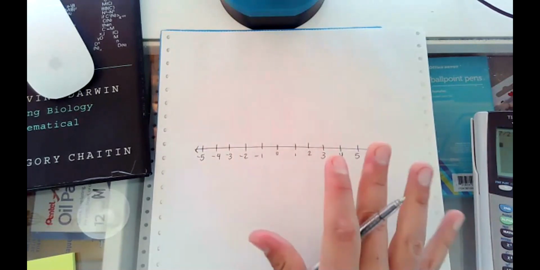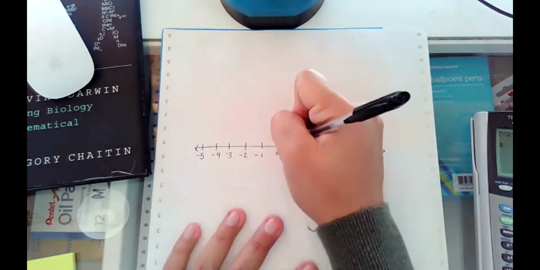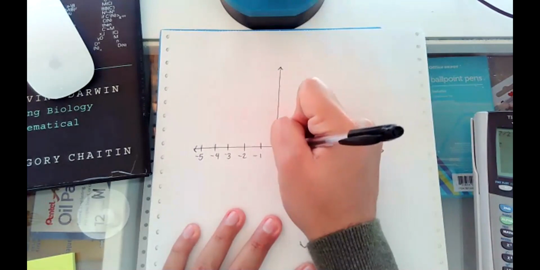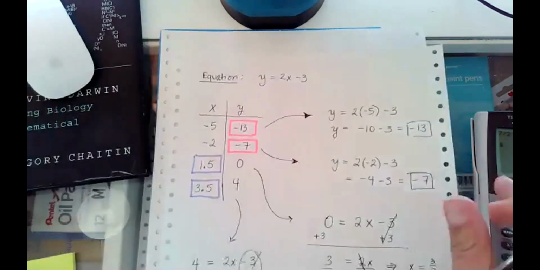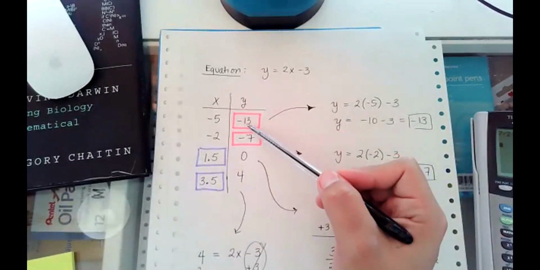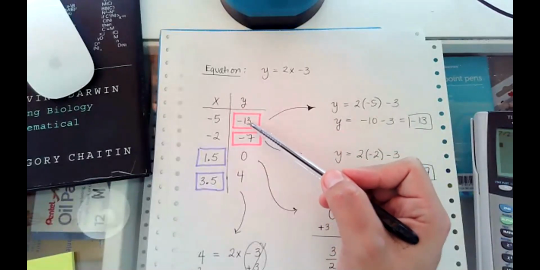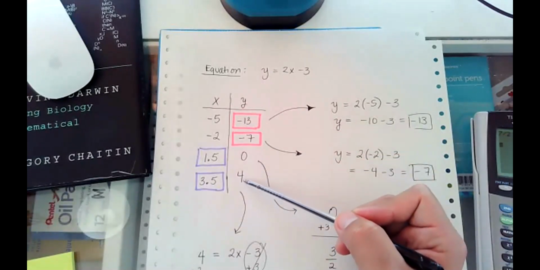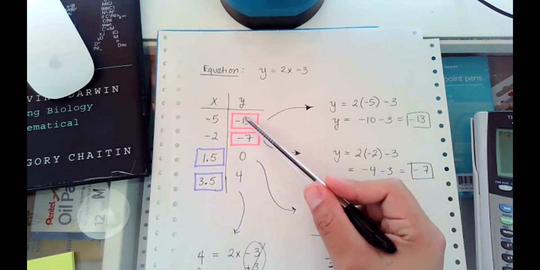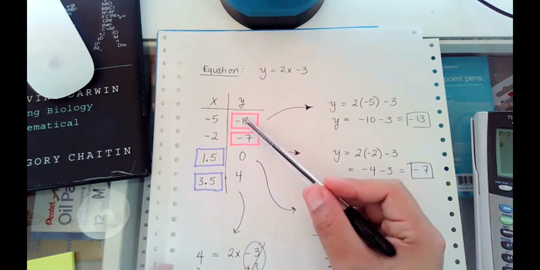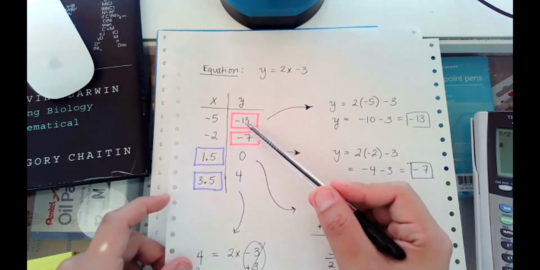That's fine. And then I'm going to go ahead and do my y-axis here. Since these numbers are a little bit bigger, I'm going all the way down to -13, and I'm going up to +4. Instead of counting by ones and counting down to -13, what I might do is just count by 2's, right?